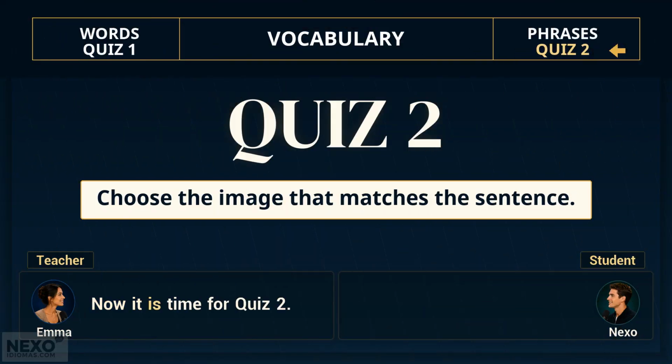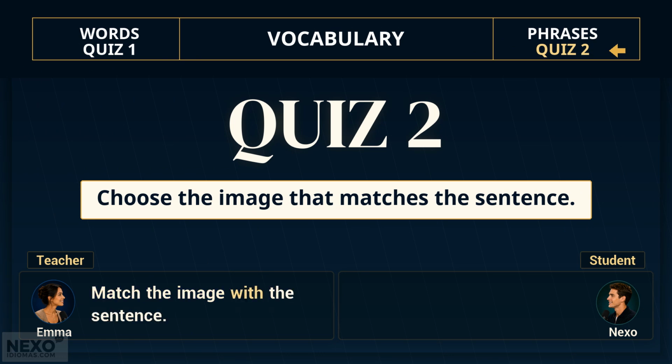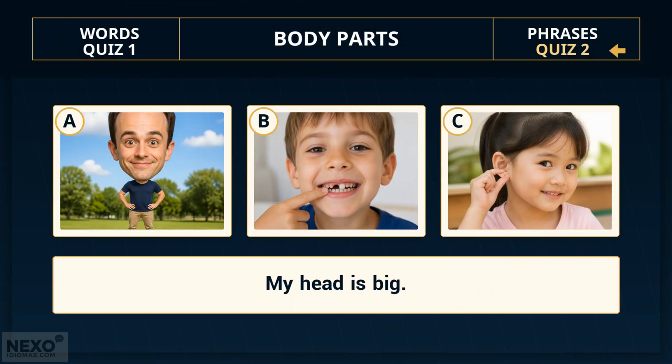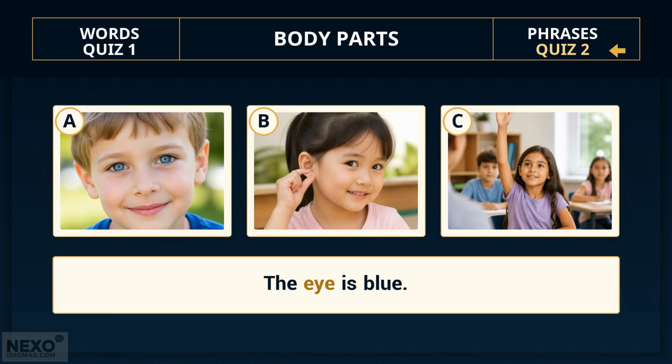Now, it is time for quiz 2. Match the image with the sentence. My head is big. A. The eye is blue.